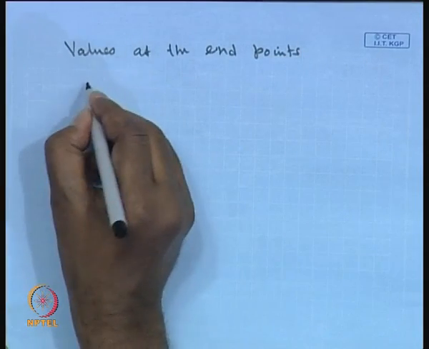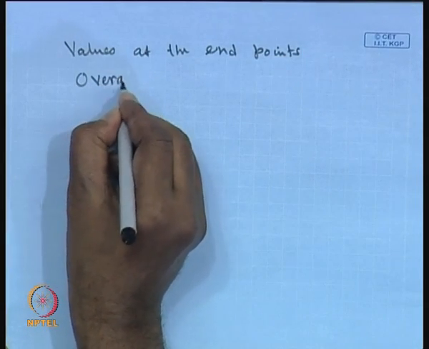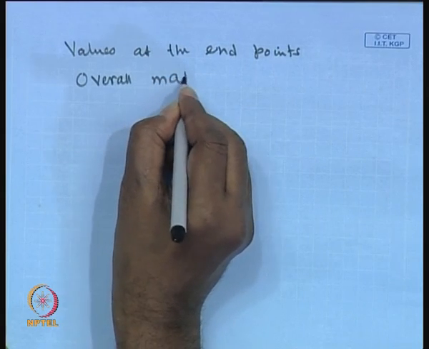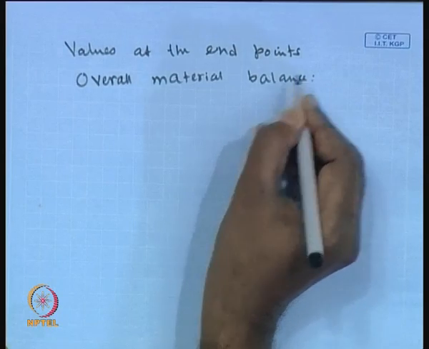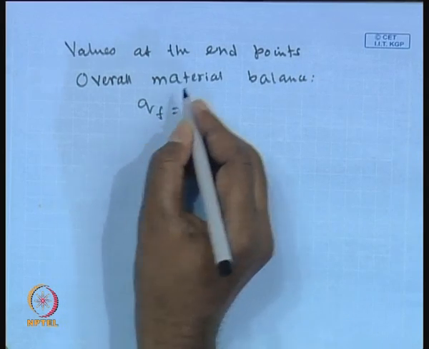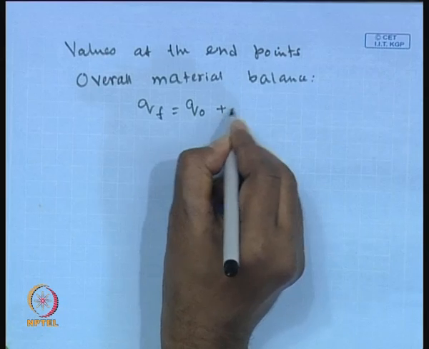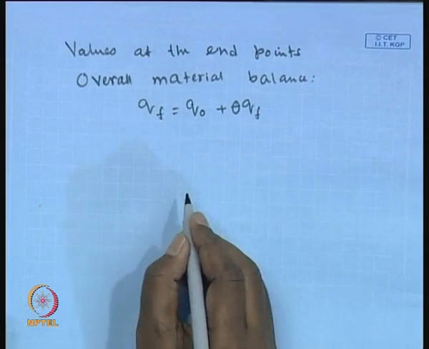Because that is important. Overall material balance is given as Qf is equal to Q0 plus theta times Qf. Okay.